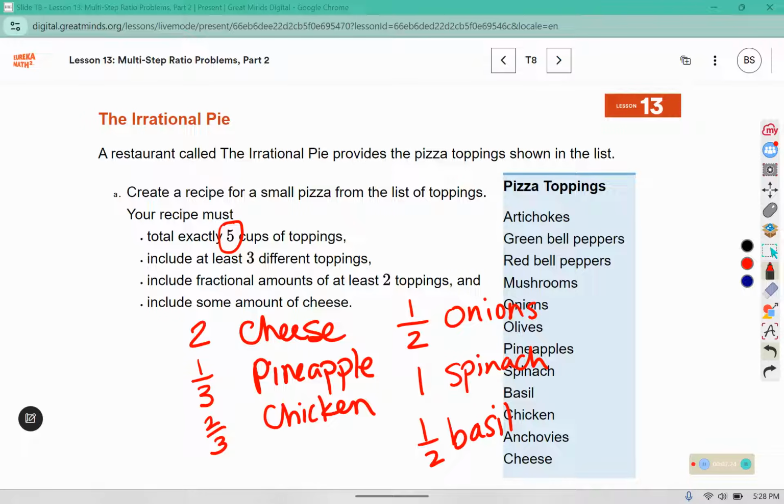All right. Then in part B, it says a large pizza calls for a total of 8 cups of toppings. Calculate the amount of each topping you need to create a large pizza if the ratio of ingredients remains the same as the recipe you created for your small pizza. So we have to figure out how to create equivalent ratios by changing from 5 cups to 8 cups.